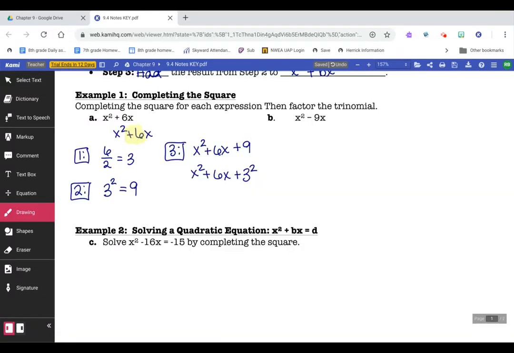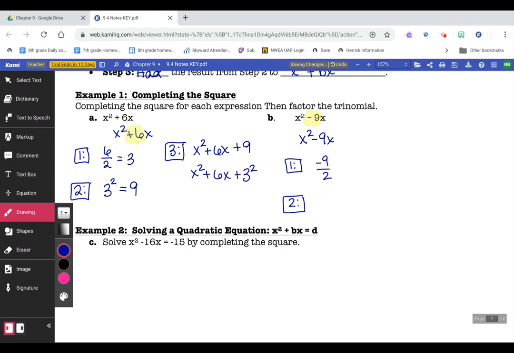For example 1, part B, the coefficient in front of x is negative 9. So if we have x squared minus 9x, we're going to take that negative 9 and divide it by 2. Now this is not going to give us an integer, so I'm going to keep it as a fraction. For step 2, we're going to square that.